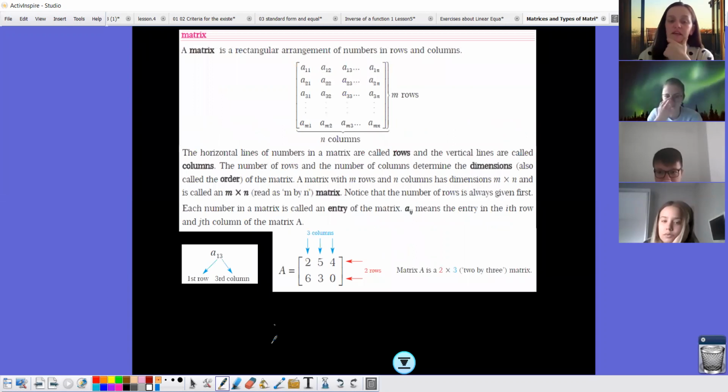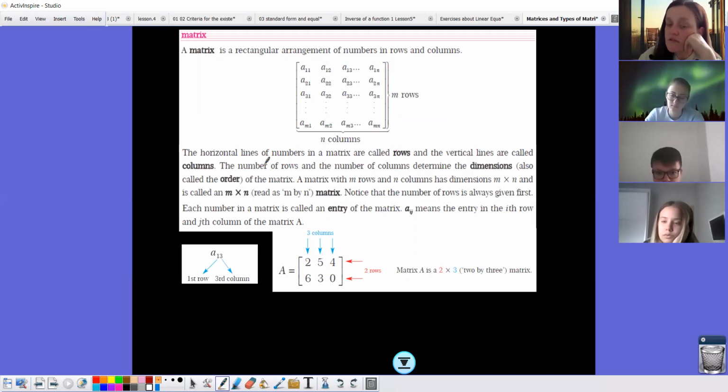Now, as you see, here is the definition of a matrix. A matrix is a rectangular arrangement of numbers in rows and columns. These are the rows. These are the columns. So you can write as many numbers as you want.